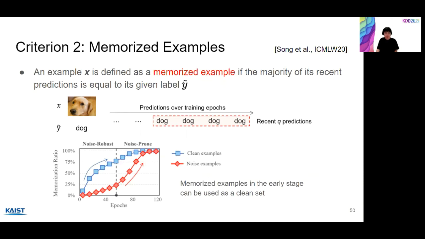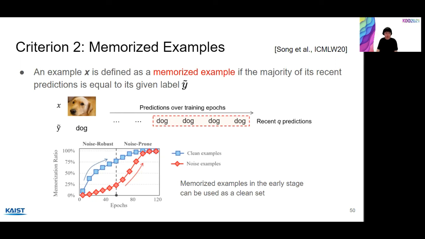Then what is a memorized example? An example x is defined as a memorized example if the majority of its historical predictions is equal to its annotated label. So given an image labeled as a dog, we can store the model's historical predictions over the epochs, and if the major class of the prediction history is equal to the given label, the example is regarded as a memorized one, because the model is currently predicting its annotated label with high confidence.